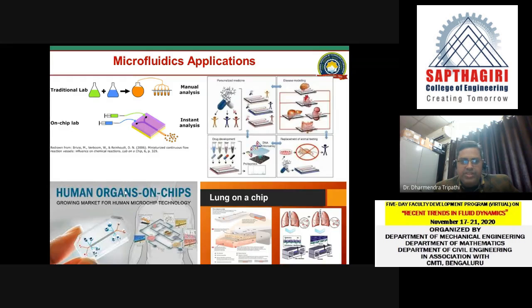Since my topic is more related to biological flow phenomena, I have shown some applications related to biological chips, which are known as human organ-on-chips. By using such types of chips, we can control physiological or biological flow phenomena. So that is the development of a lung-on-chip.